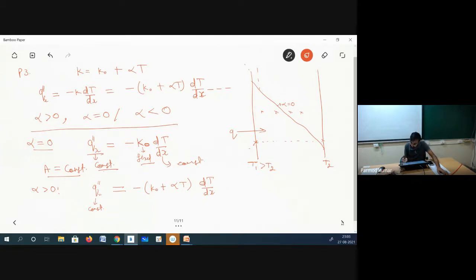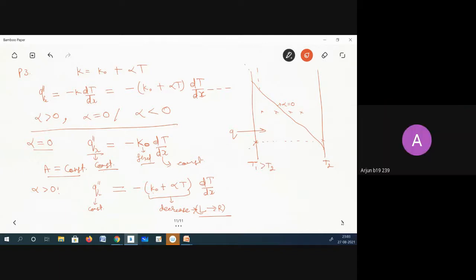But it is quite evident that temperature will decrease. So if temperature decreases, the overall value of K naught plus alpha T will decrease when we move from left to right. Is this point clear?